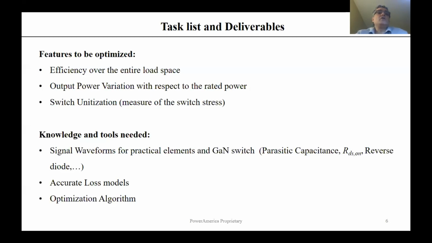And finally, we are going to use waveforms and losses to optimize the system. So we need to derive a smart optimization algorithm that will be capable of selecting the reactive components for a practical switch.